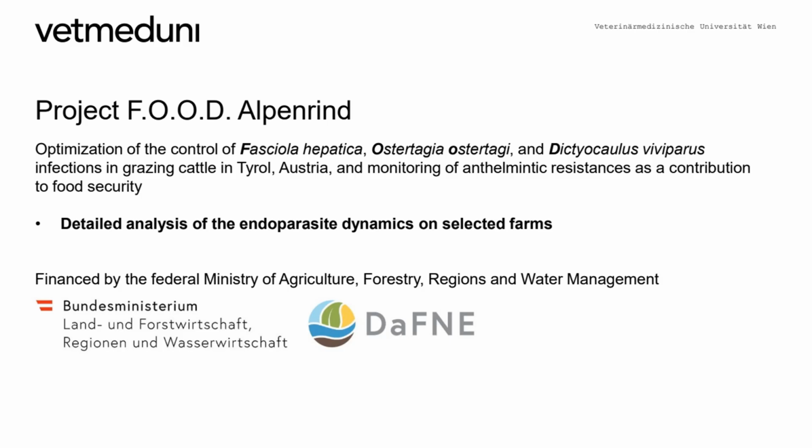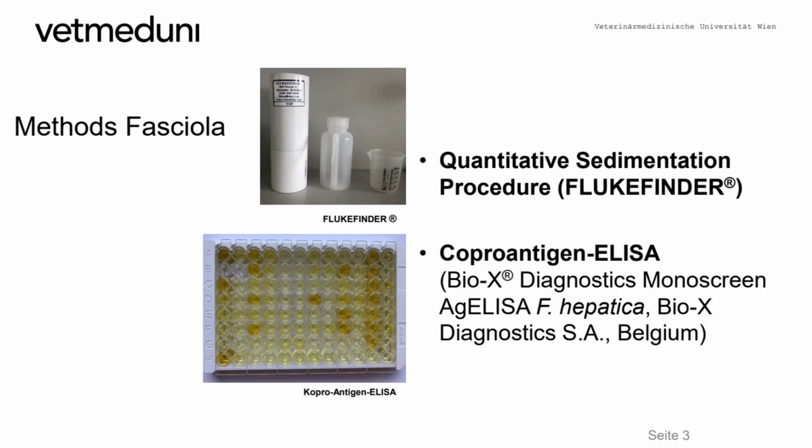This is the project Food, because it's not only on Fasciola, but also on Ostertagia and Dictyocaulus. For Fasciola, we did a quantitative sedimentation. We used the Flukefinder to increase sensitivity. We also used the copro-antigen ELISA.